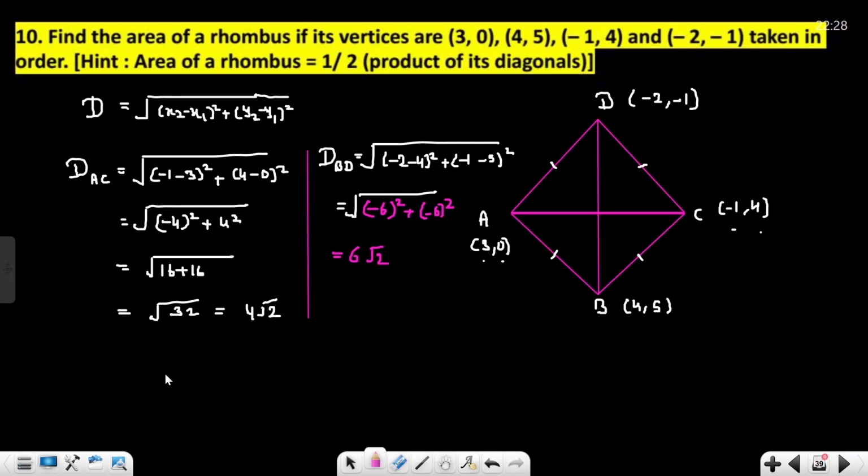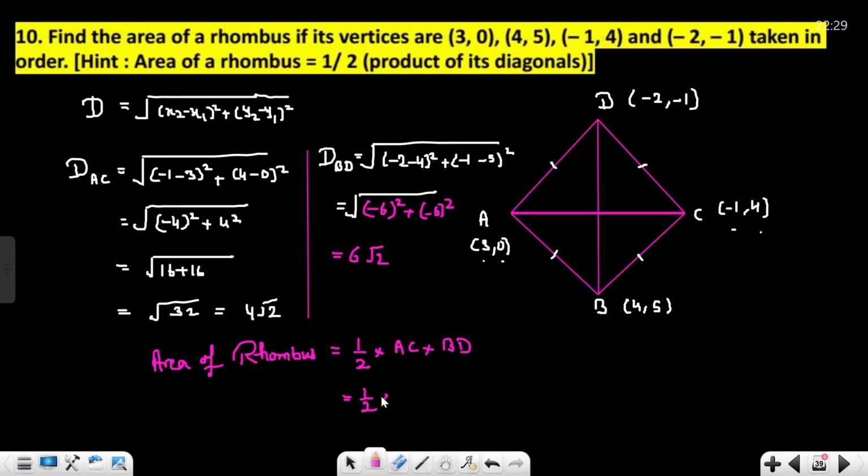Now our main target is the area of the rhombus. Area of rhombus is what? 1 by 2, diagonal 1 is AC, diagonal 2 is BD.